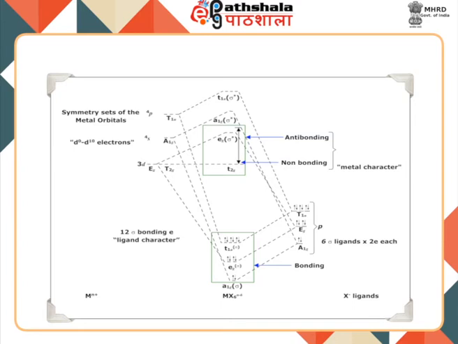The octahedral ligand field splitting parameter represented by delta naught in this approach is called the HOMO-LUMO separation, where HOMO stands for the highest occupied molecular orbital, and LUMO stands for the lowest unoccupied molecular orbital.